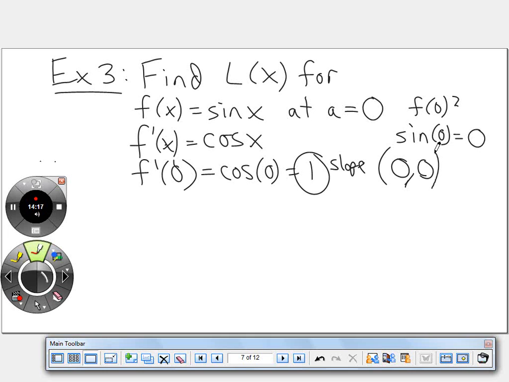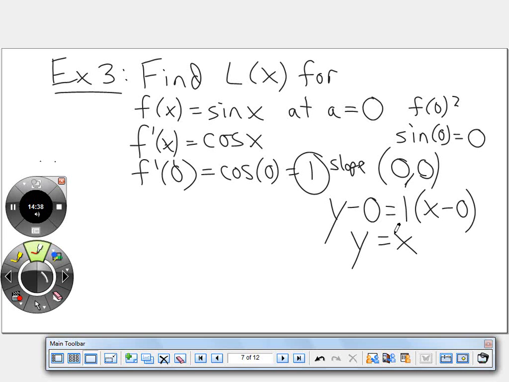Sorry, number 1 is not working. So 0, 0, we got a slope, and so we're ready to write the equation of the tangent line. So we would say y minus the 0 equals the slope, which is 1, and then x minus the 0. So all this would be is y equals x.